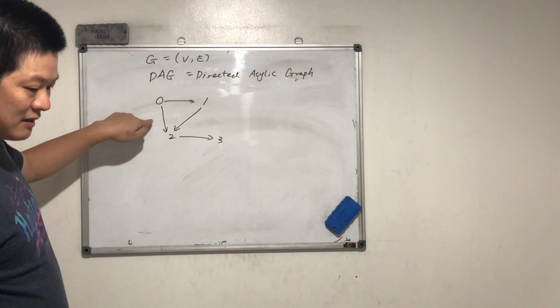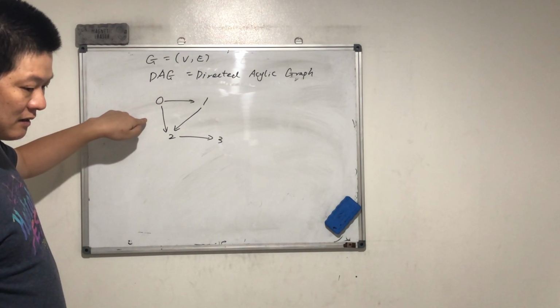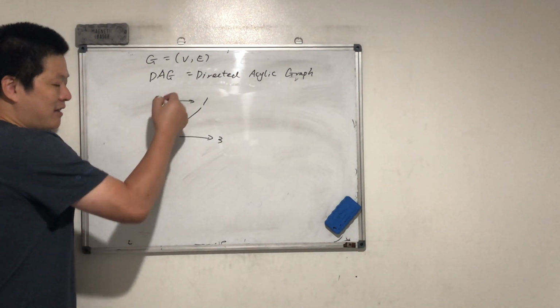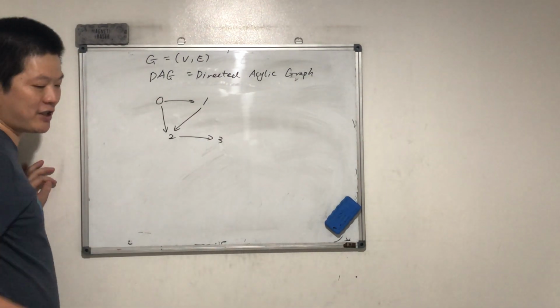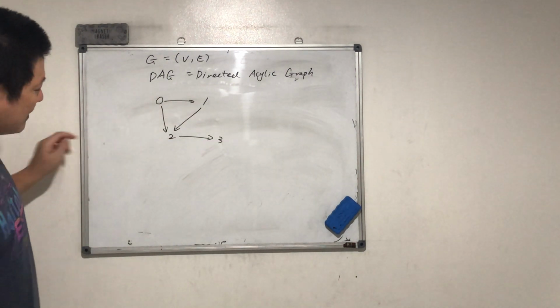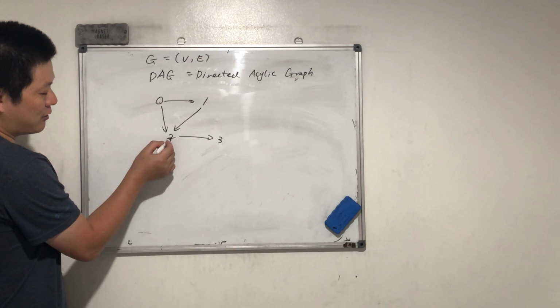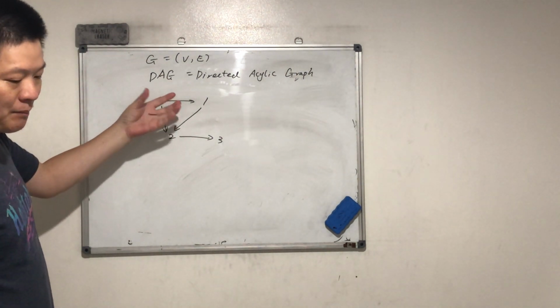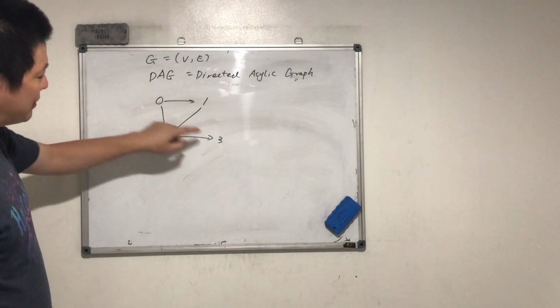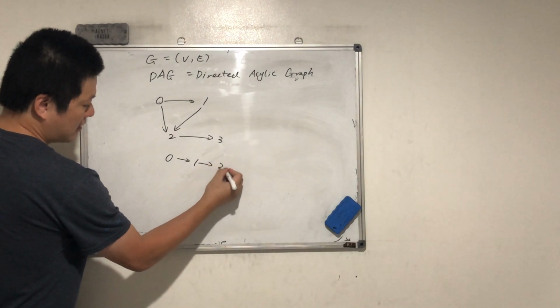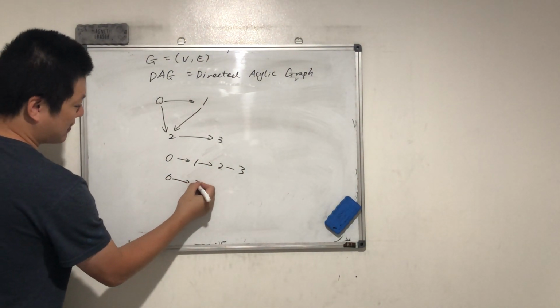No, you go this way, but you cannot go back, right? So this is a DAG, a directed acyclic graph. It doesn't have a cycle. Look at the arrow, 0 can go to 2, but 2 cannot go back to 0. Can you find all the paths between 0 to 3? 0, 1, 2, 3, and 0, 2, 3. Well done. Only 2. Okay.